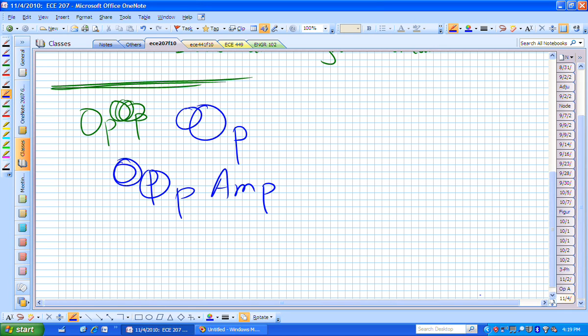The input waveform is V sub n. Here's our input resistor R sub 1. The next resistor, I'll get very creative, that's R sub 2. This one is R sub 3 and R sub 4.